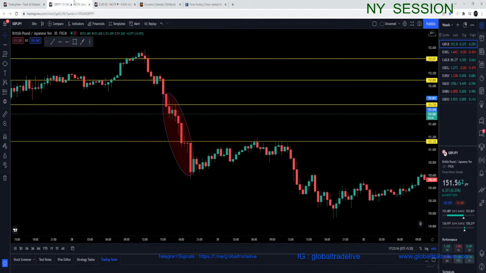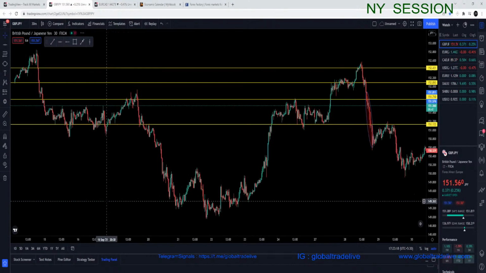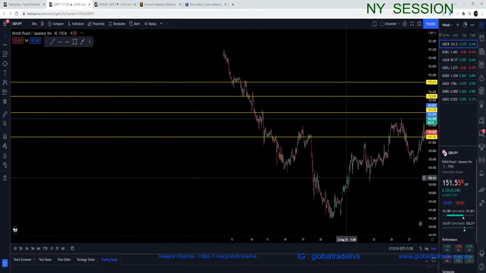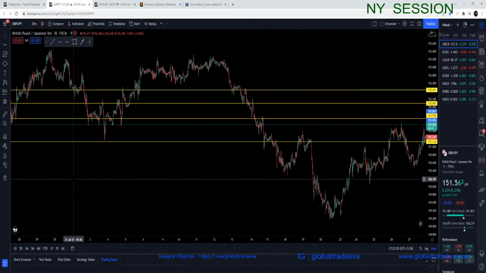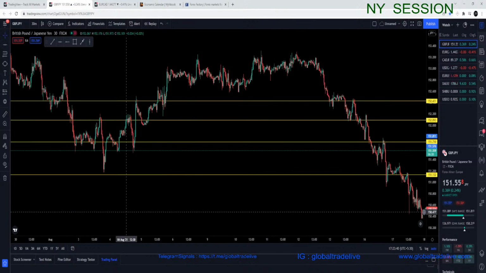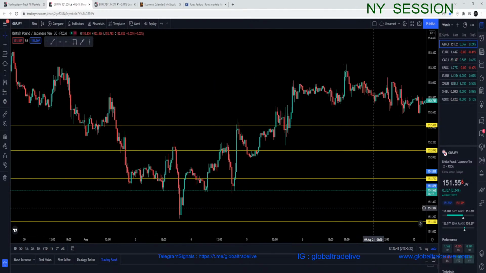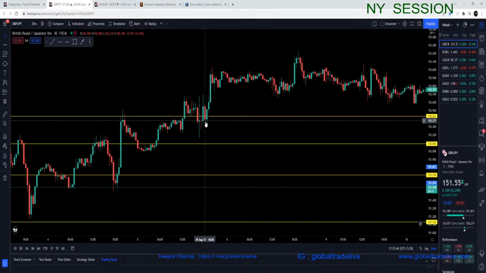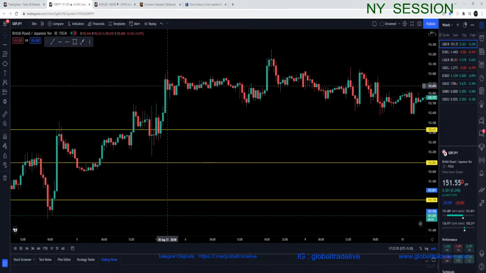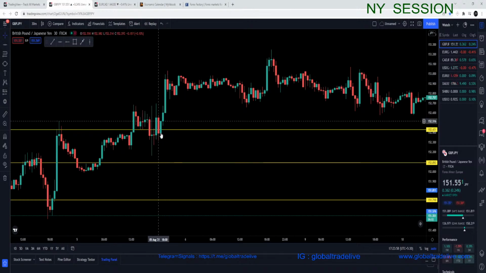August 5. Look here, the impact was really not much, but still it went beautifully up in the next candles.